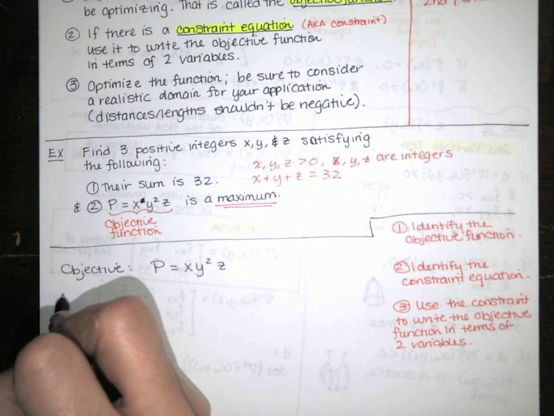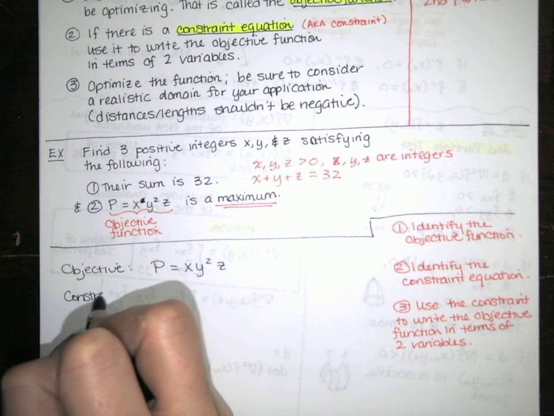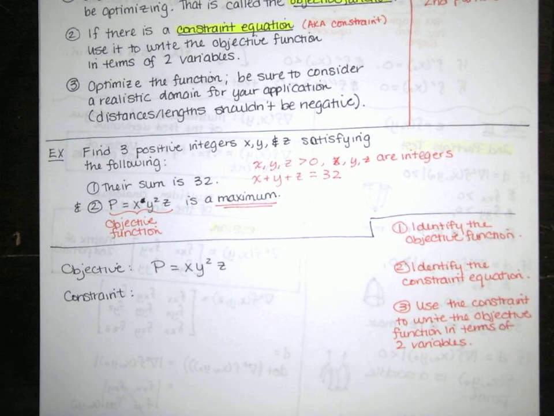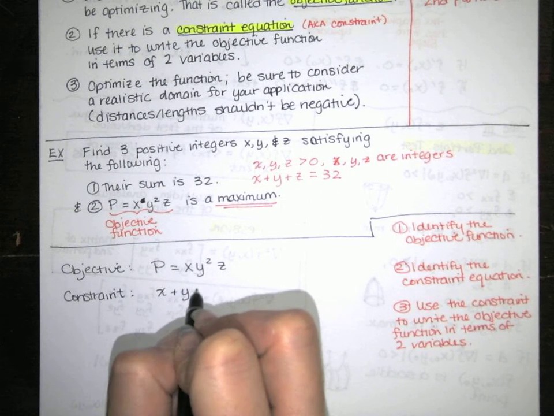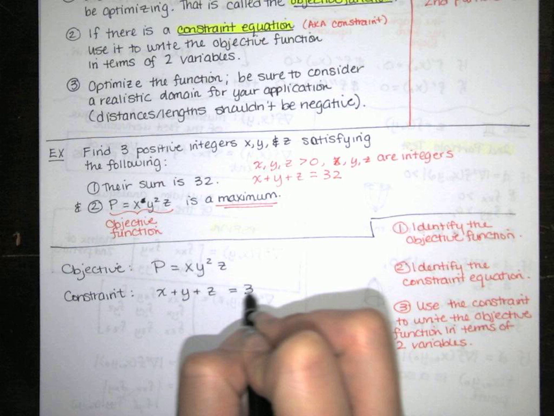So our objective function was this. Our constraint was that the sum of our 3 positive integers has to be 32. So x plus y plus z equals 32.